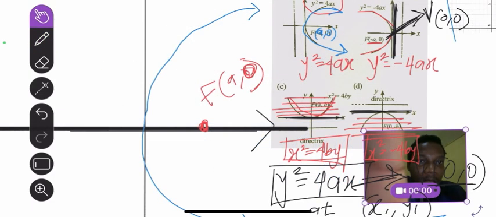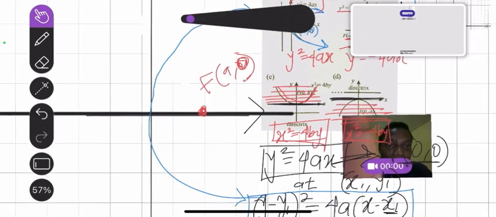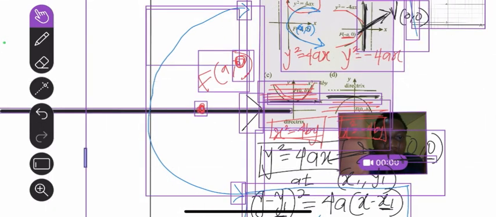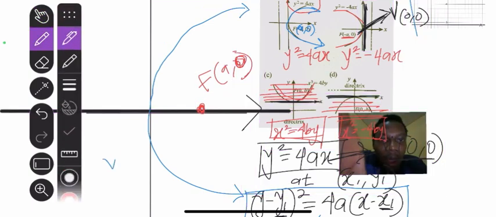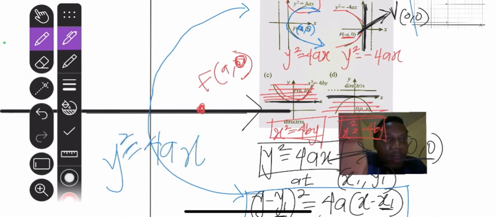Now looking at this type of graph, the one I told you about, which is given as y squared equals 4ax, the curve is tilted towards the right-hand side.